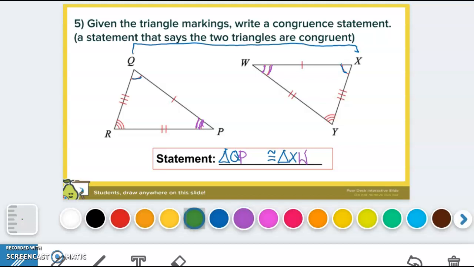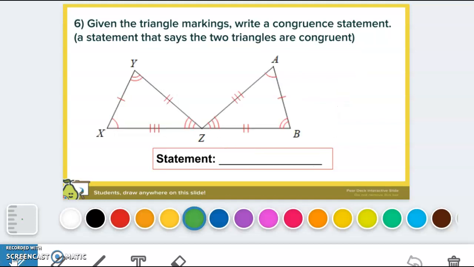And then finally R is the one with three arcs and Y has three arcs here. So R matches with Y. So I know that the statement is going to be triangle QPR is congruent to triangle XWY.